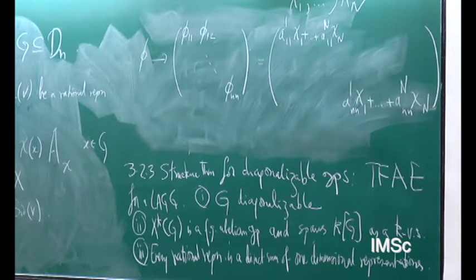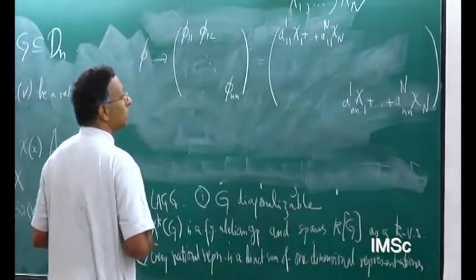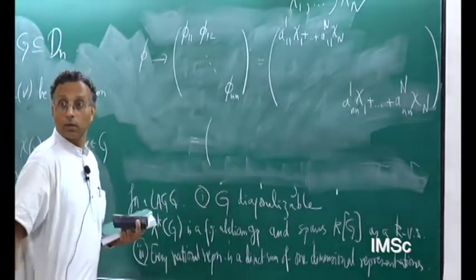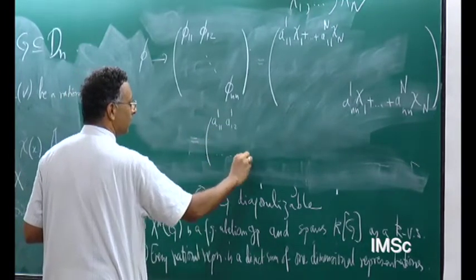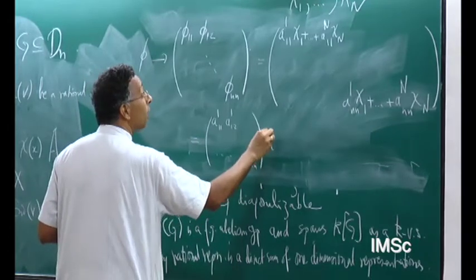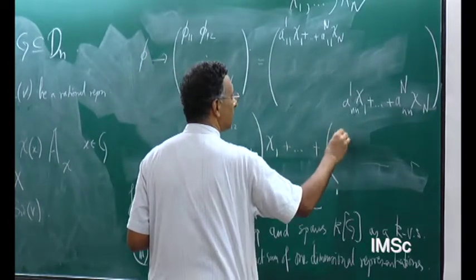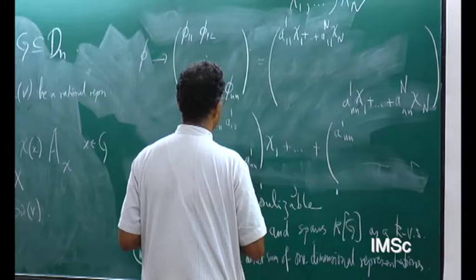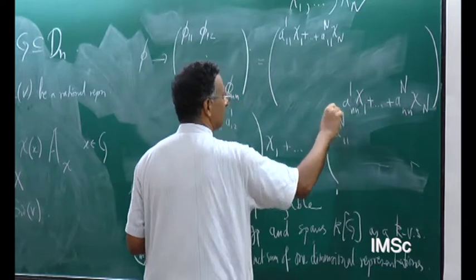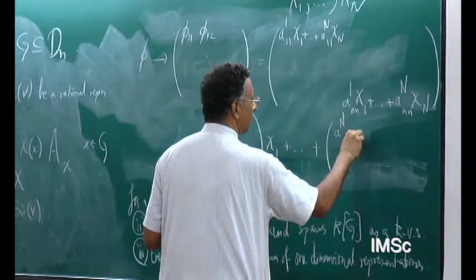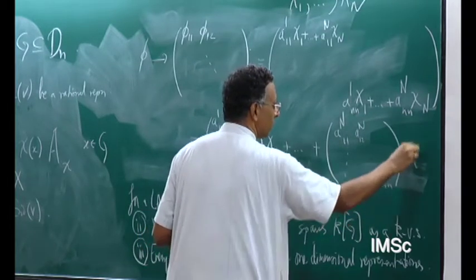Okay. Now what are these a's? Now you can write this as the matrix a 11 1, a 12 1, up to a nn 1 into chi 1, plus up to the matrix a 11 n, a 12 n, up to a nn n into chi n.